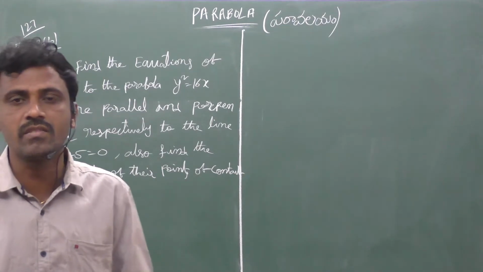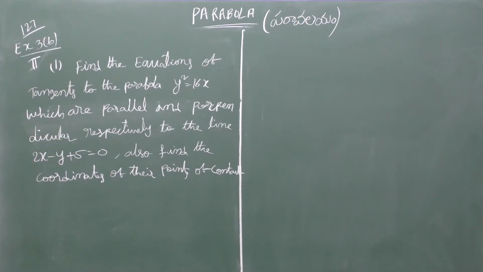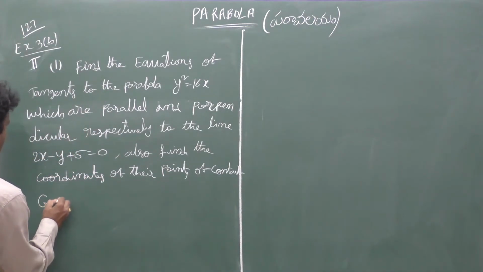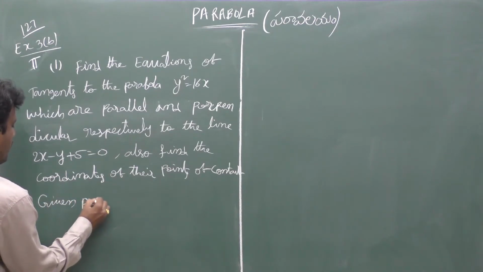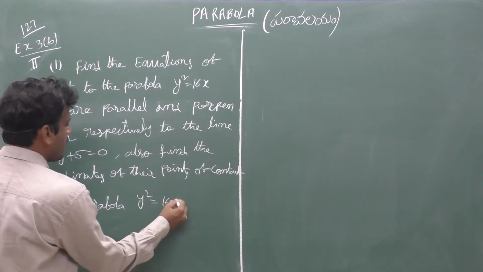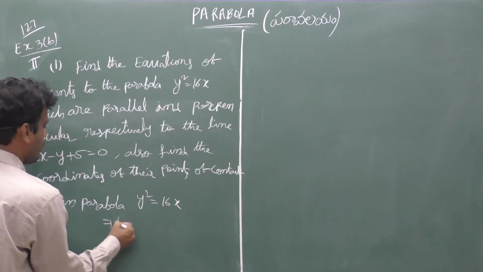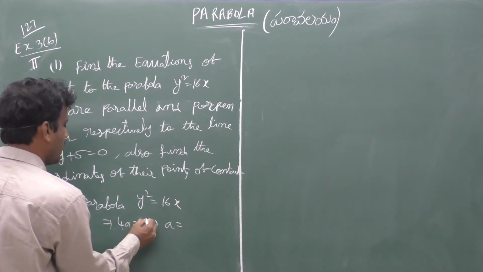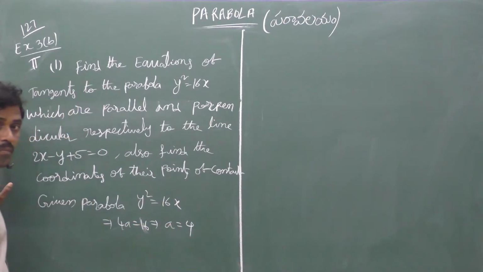Given parabola y² = 16x, that implies 4a = 16, a = 4.